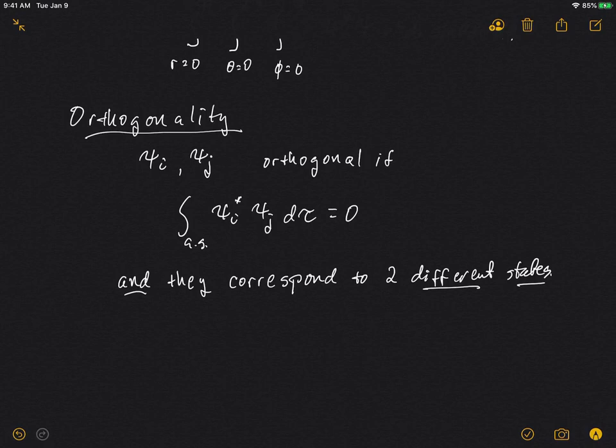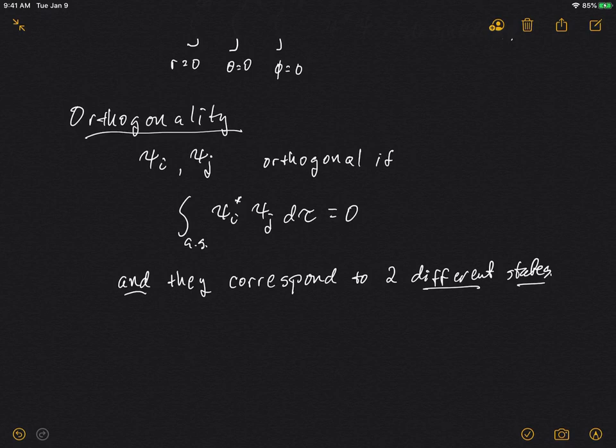And so now we have a tool in our toolbox. If we have two wave functions and they may look somewhat similar and we're wondering whether or not they in fact do correspond to different states, we can perform this test and determine whether or not that's true.